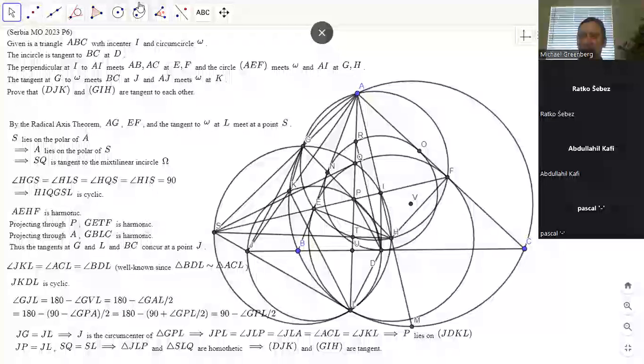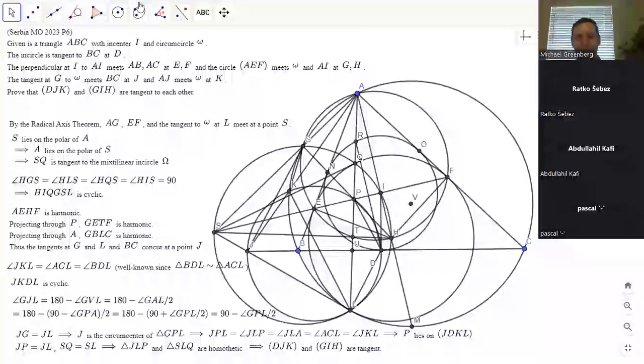Was this like your solution, Stefan, at all, or was yours different? It had some parts the same, like proving that L is on GIH. I also introduced point S. Okay. But the idea of point P, that is very different. Okay. I didn't do it like that.